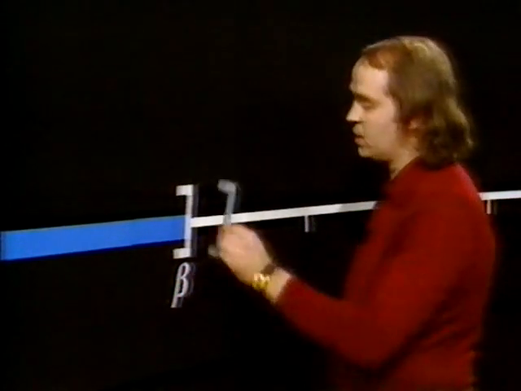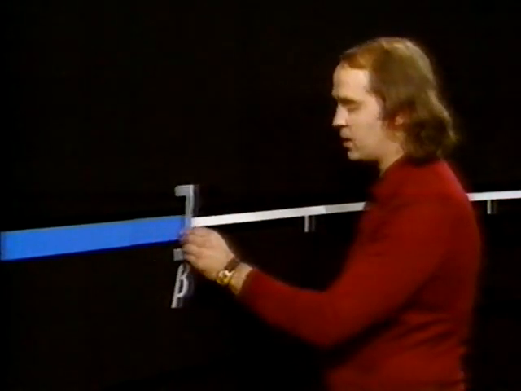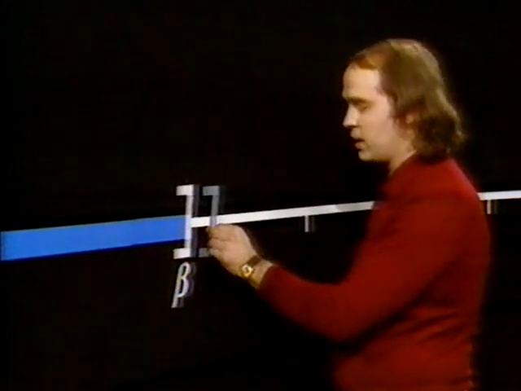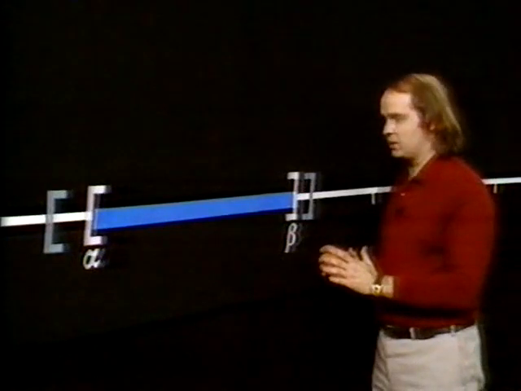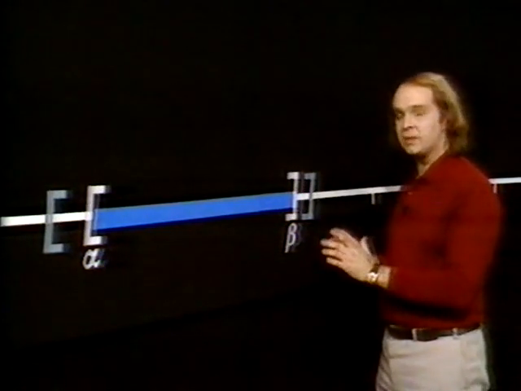Which means that any other closed interval that contains the set can't have its right-hand endpoint down here. It must be greater than or equal to beta. And in a similar way, we can show that the left-hand endpoint would have to be less than or equal to alpha. So for any other closed interval that contains the set, we have alpha beta inside it.